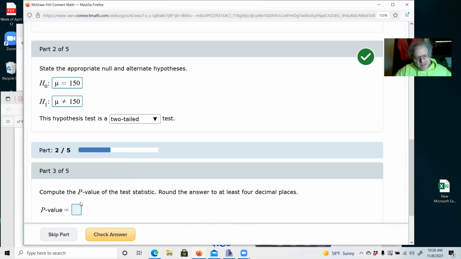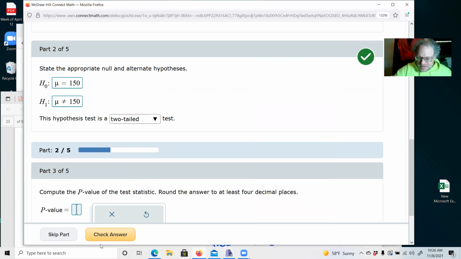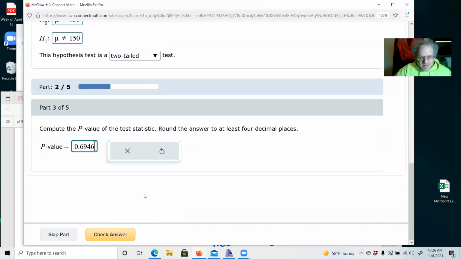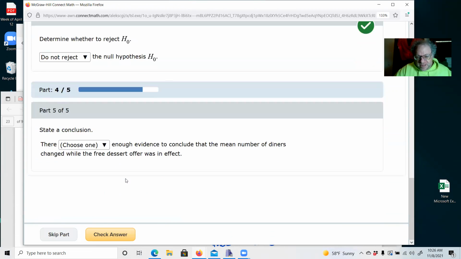Just checking. What's our p-value? 0.6946. All right. So do not reject the null hypothesis. And then we have to write something saying what our conclusion is. Yes, you really do.